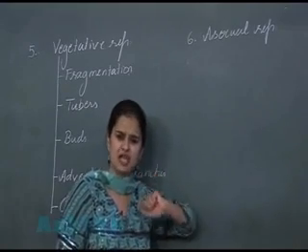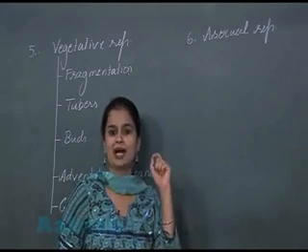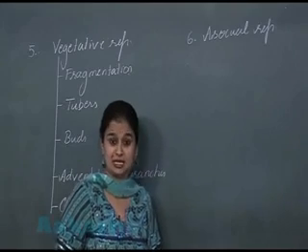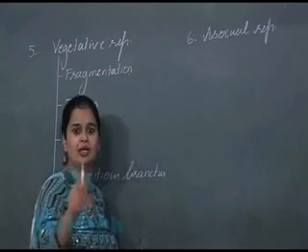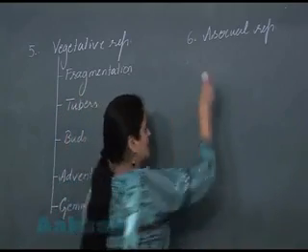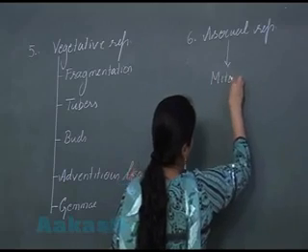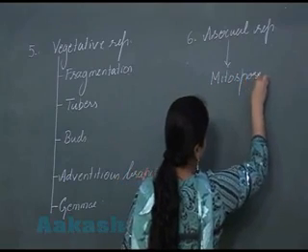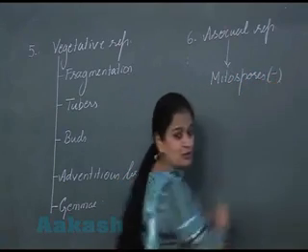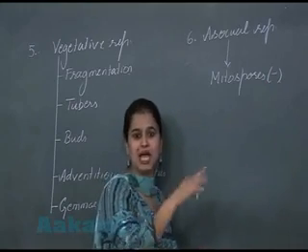Yes, in fungi and algae there is formation of mitospores during the asexual reproduction, but here please keep in mind that asexual reproduction through the mitospores is totally absent in the bryophyte, pteridophyte, gymnosperms, angiosperm.